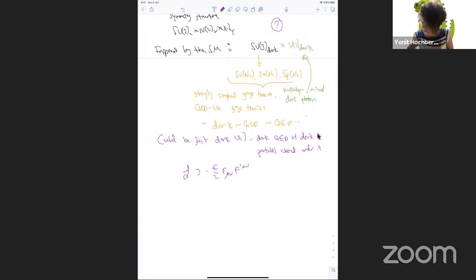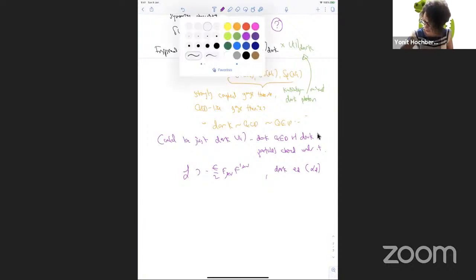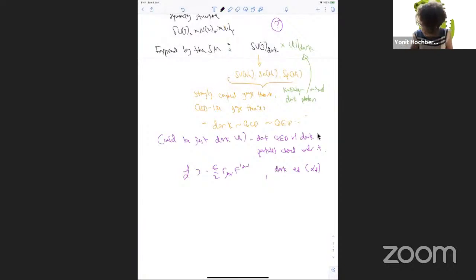And I have some dark gauge coupling, call it e_D, to separate it from the ordinary one e, or alternatively some dark coupling strength alpha_D. Pictorially, here's my hidden photon, which I'll call V. Sometimes people like to denote it by gamma_D, gamma being the photon and the index D indicating that it's a dark version of it.